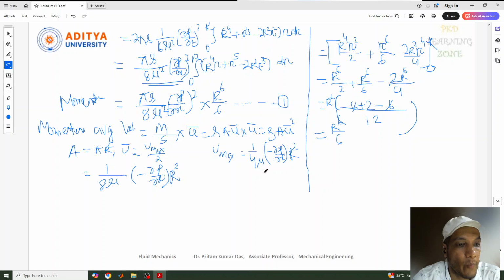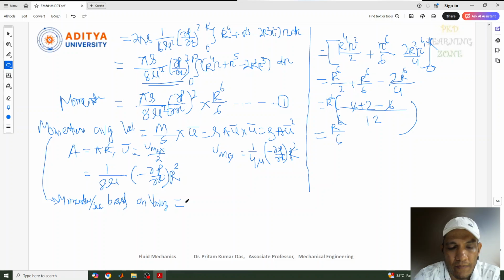Now we need to find out the momentum, as I told you, momentum per second based on average velocity. Let's write here, momentum per second based on average velocity.